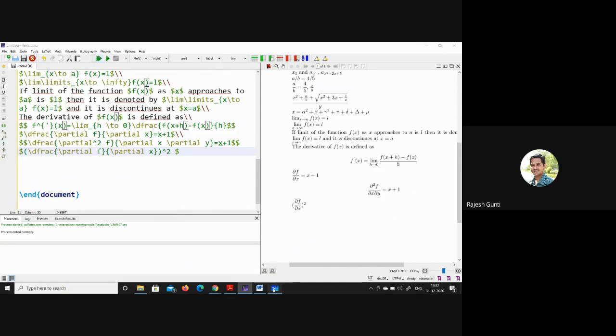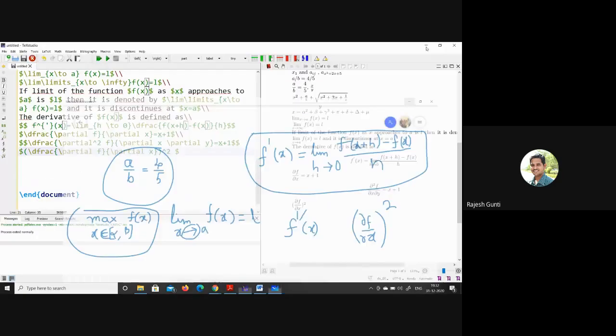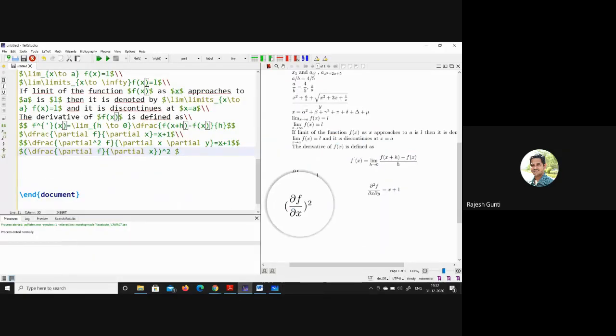Your idea is you have to get dou f by dou x, with the square on the top. Am I correct? Yes. But I got it like this. It is not good. So what do we have to do now for this one?